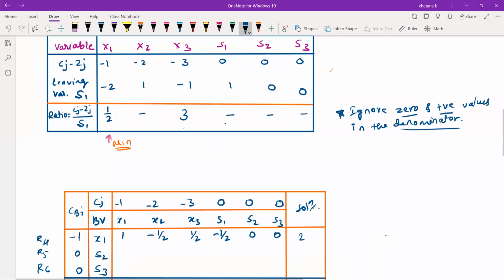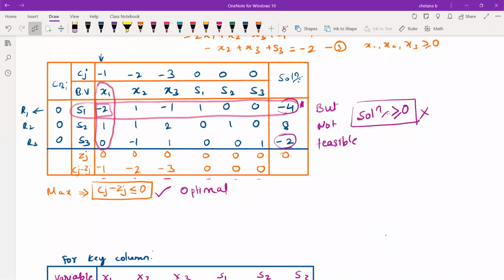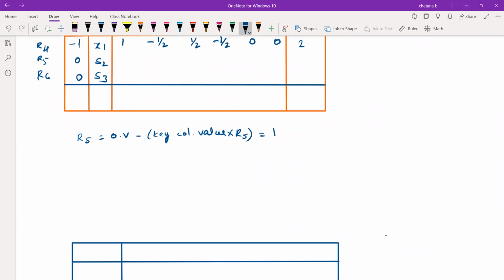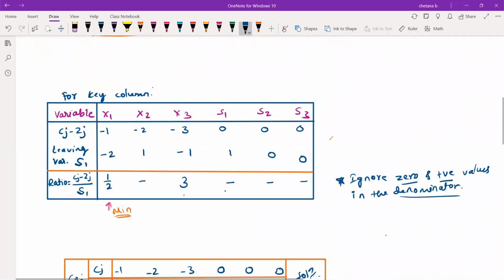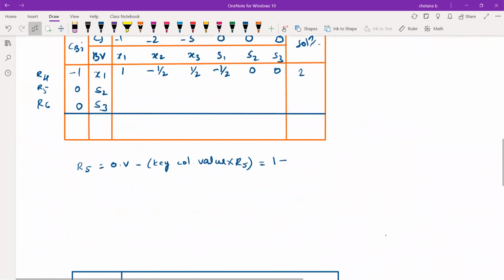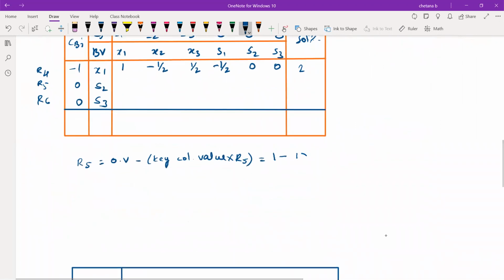So old value is from this main table, 1, minus key column value 1 into R4 value 1.